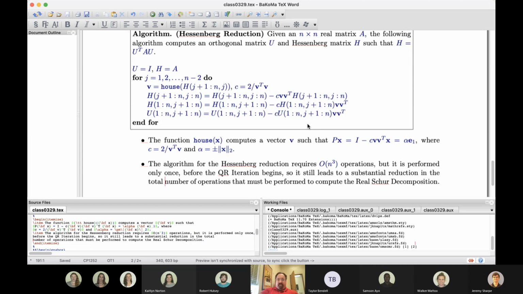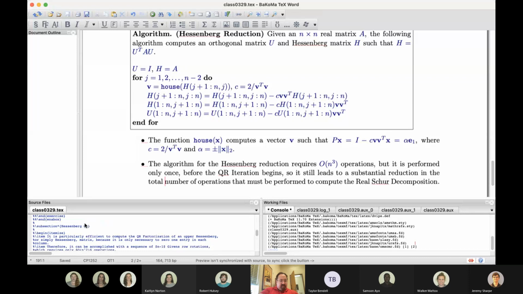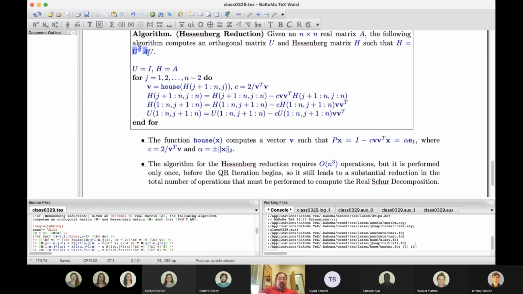All right. So now that we see how we can use a similarity transformation, something of this form, to reduce A to upper triangular form. No, that's completely wrong. Reduce A to upper Hessenberg form.